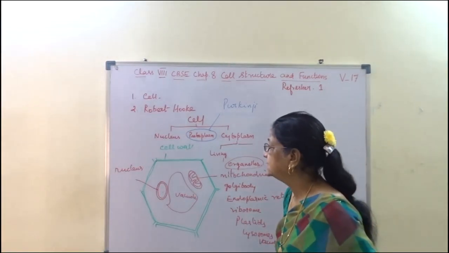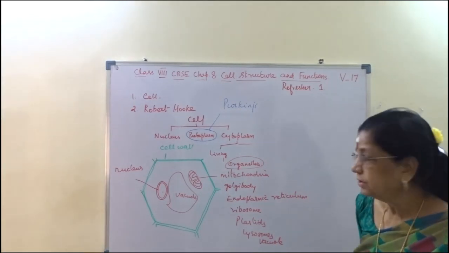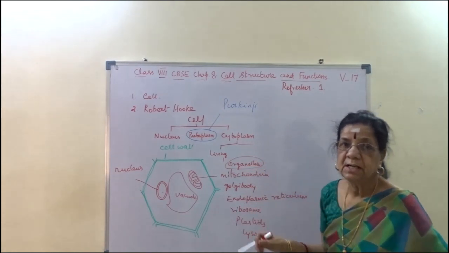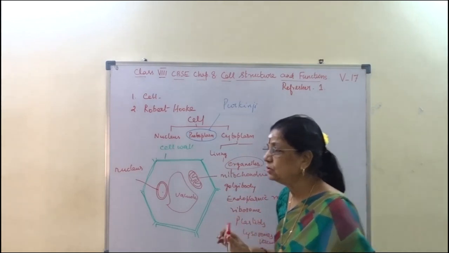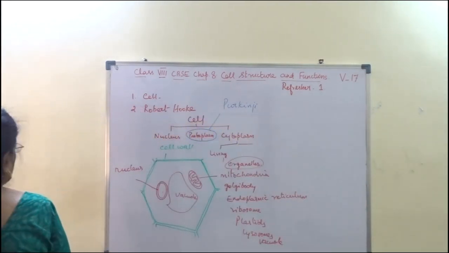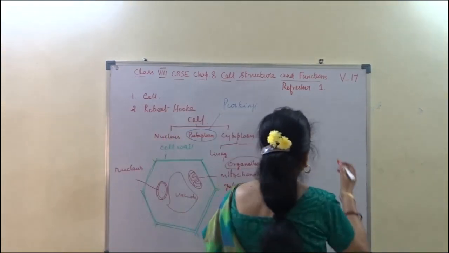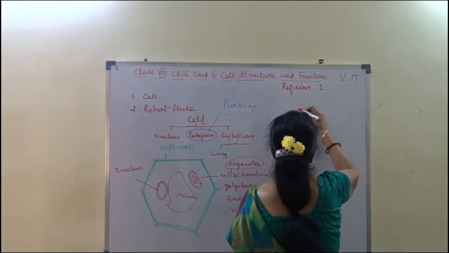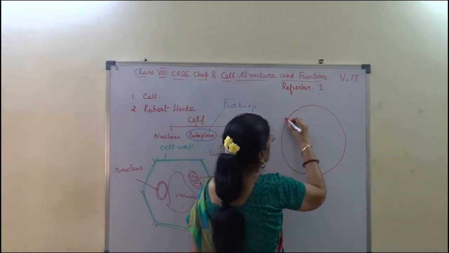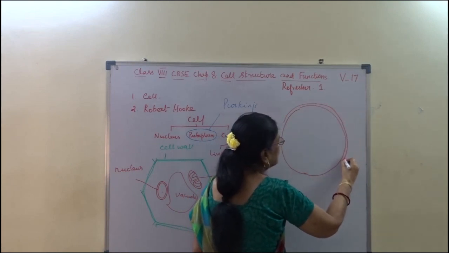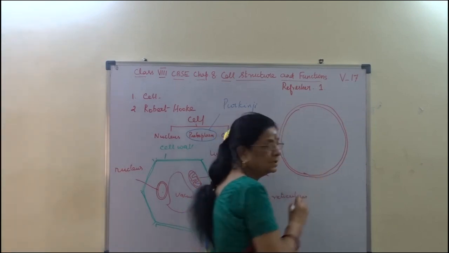We'll continue with the nucleus and cytoplasm. We are talking about living inclusions as cell organelles. In the same way, the nucleus is also a cell organelle. Now this organelle nucleus is covered by two nuclear envelopes, outer and inner.